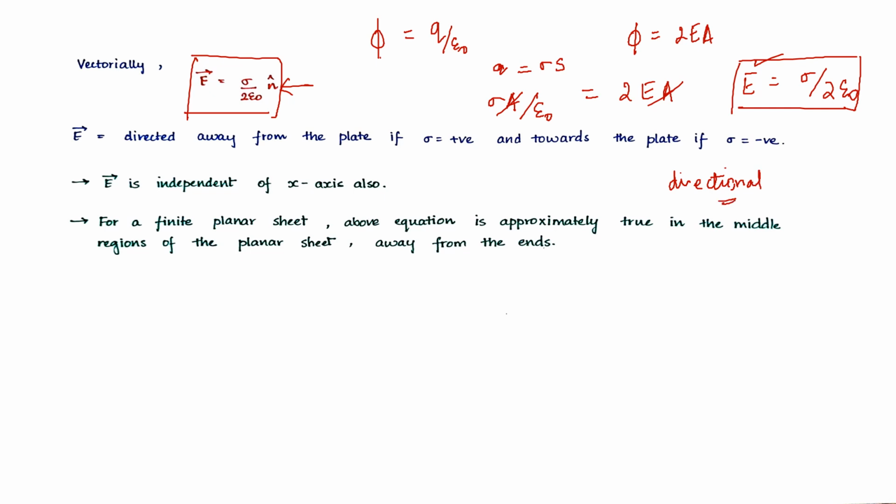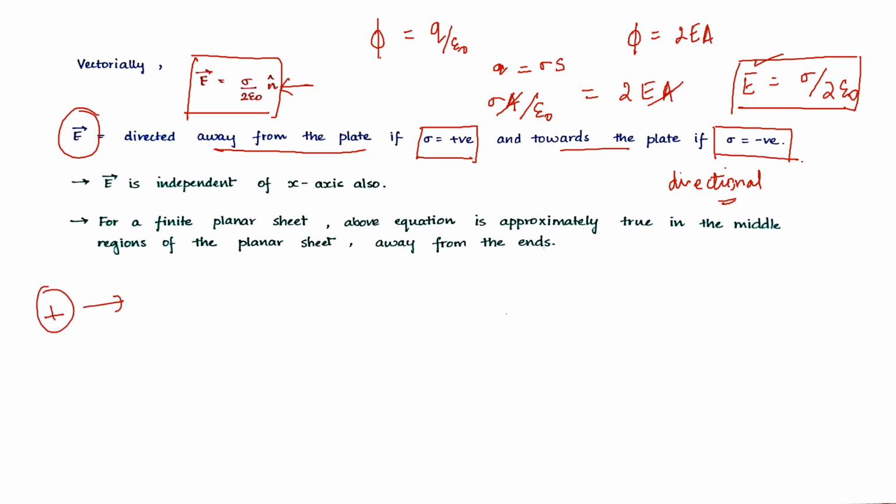So whenever we want to define the direction of a vectorial quantity, we will introduce a unit vector. The direction is away from the plate if sigma is positive, and towards the plate if sigma is negative. If it is a positive charge, E moves outwards, as we have seen when we were reading the properties of electric field. And if it is negative, it will move inwards.